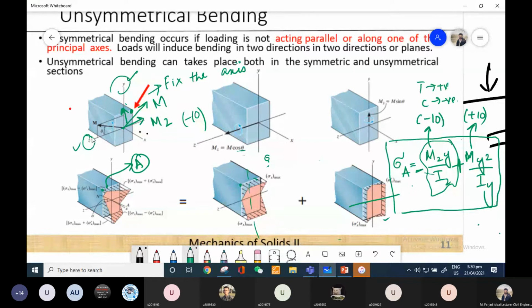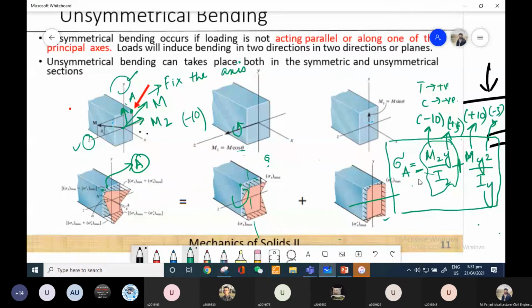With respect to the y axis, my point is in the positive y direction, so I will put in plus 5, or whatever the distance is in the y direction. So either you can use the first method, in which you look into the arrow direction and plot the stress diagram, and based on this diagram you will say, okay, my left side is positive and right side is negative, and then you will solve.